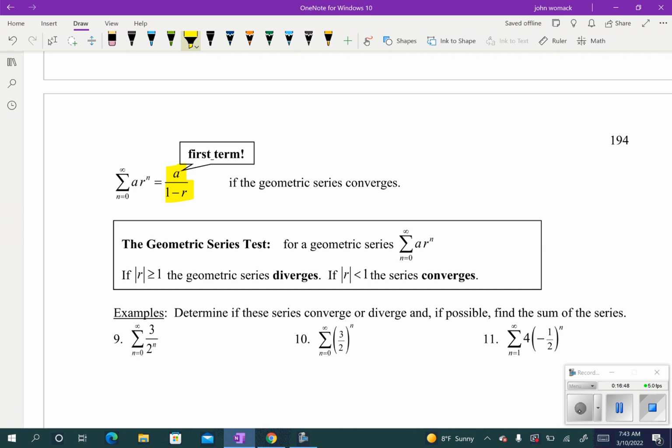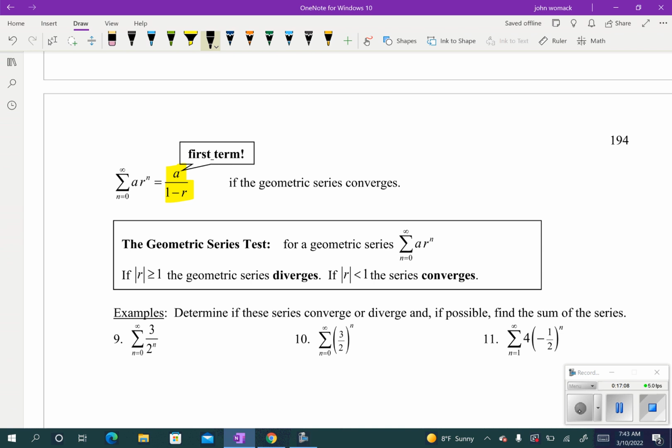To tell if it converges, this is important to know, because this formula only works if it converges. If it diverges, then the sum is going to be infinite. You can't find it. It's just going to keep getting bigger and bigger. So the way we tell is the geometric series test.